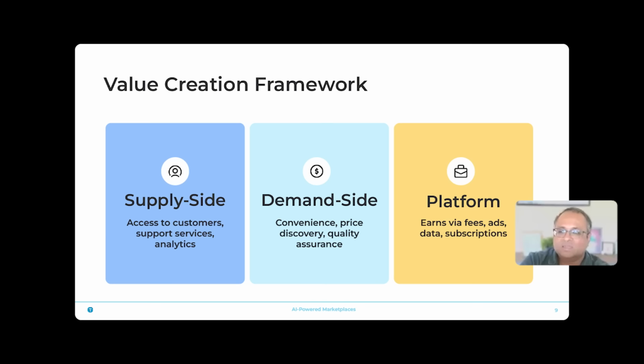So a lot of these, for example, one of the important things on the convenience is finding the right person on the other side, on the supply side, who can fulfill your request. Those are recommendation systems, and those recommendation systems have come a long way in recent times.